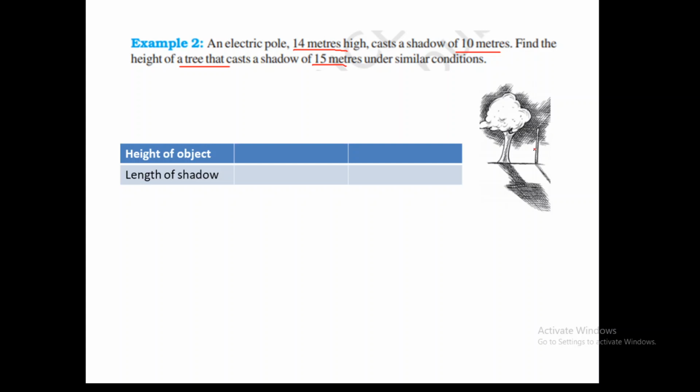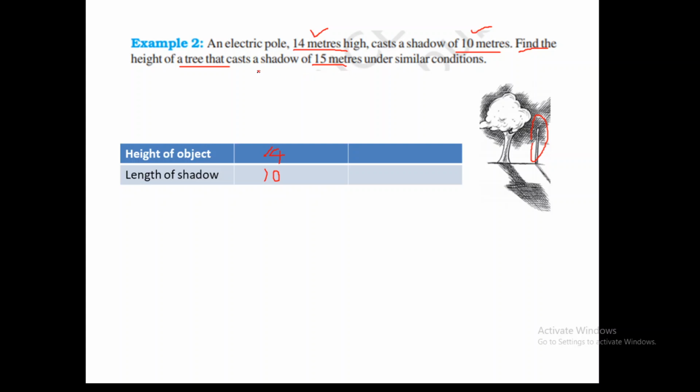Look at this electric post. Its height is 14 meters, and it casts a shadow of 10 meters. So the height of the object, the electric pole, is 14 meters, and it casts a shadow of 10 meters. Then we have to find the actual height of the tree, if its shadow is 15 meters.